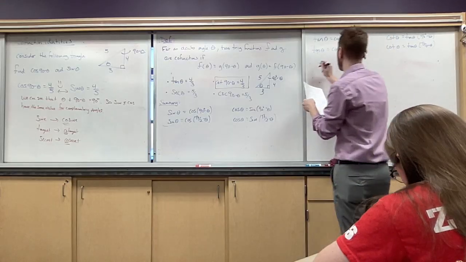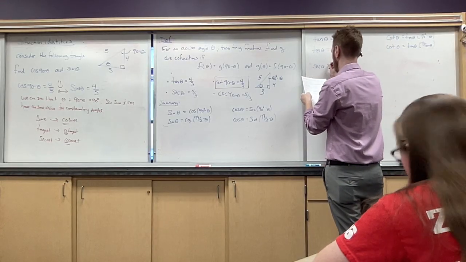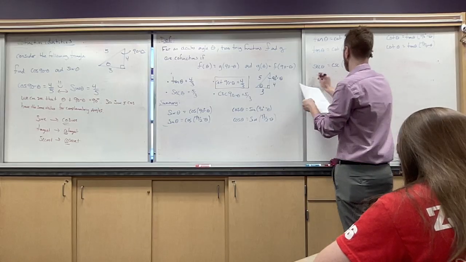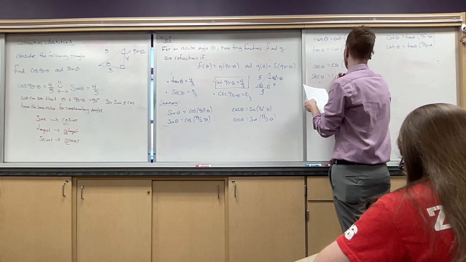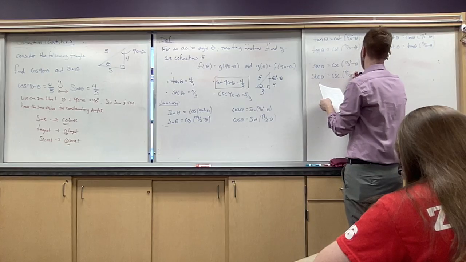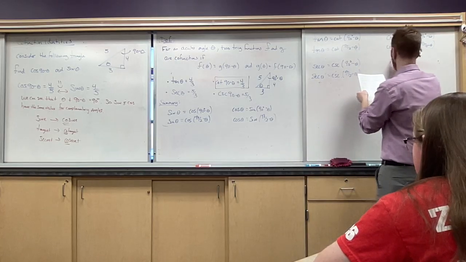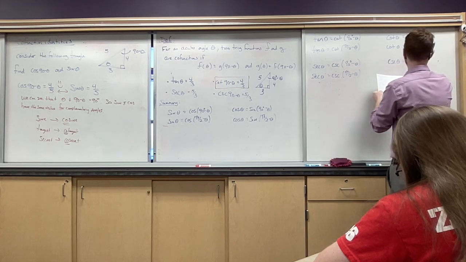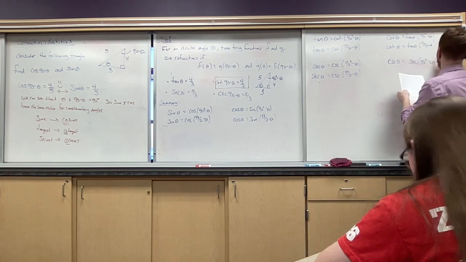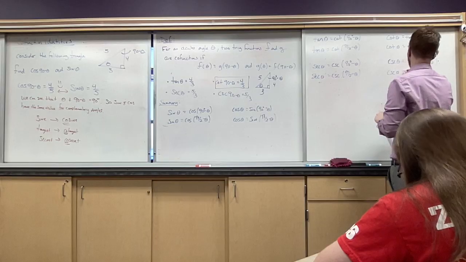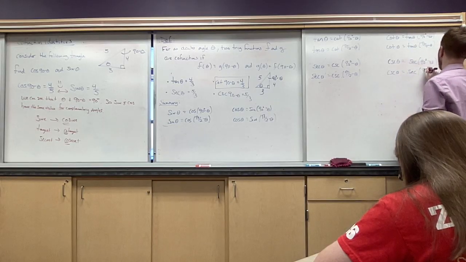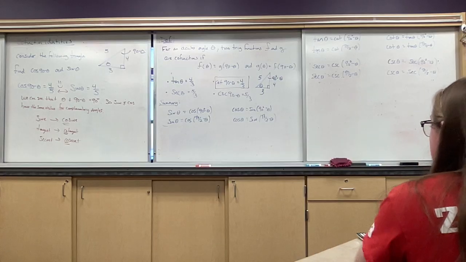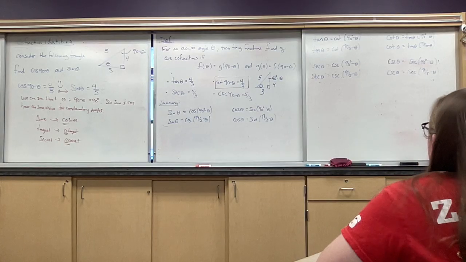And the last one's the secant, cosecant. Okay, so just a little summary of all the cofunction identities that we have here.